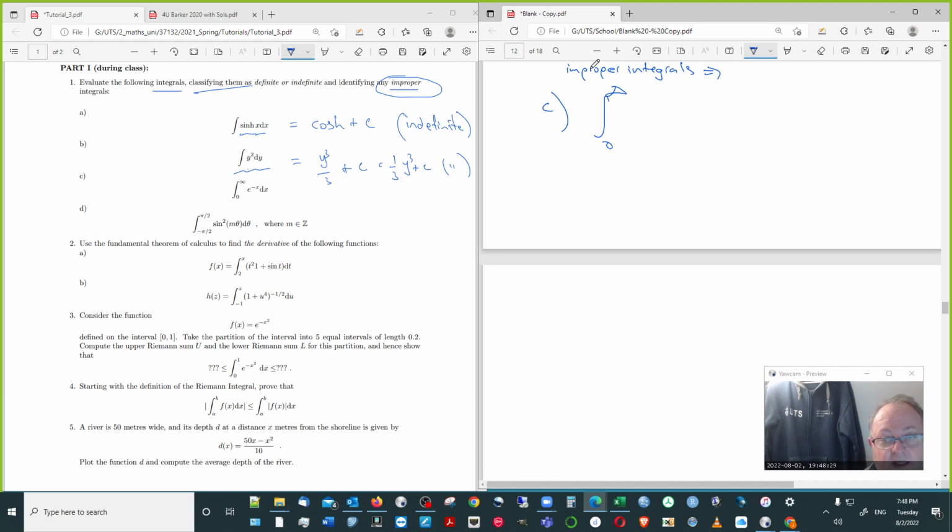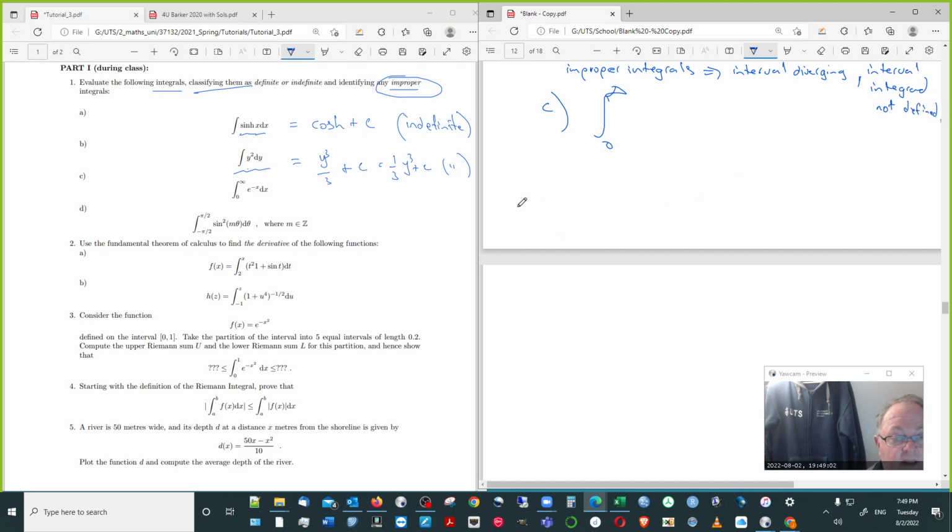You can either have an interval that is diverging, getting bigger, or you can have an interval on which the integrand is not defined. And what we look for is examples of that.